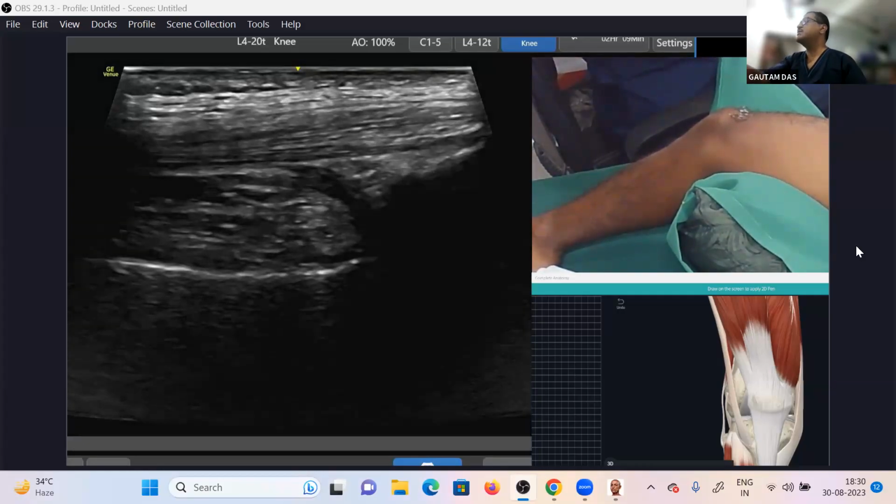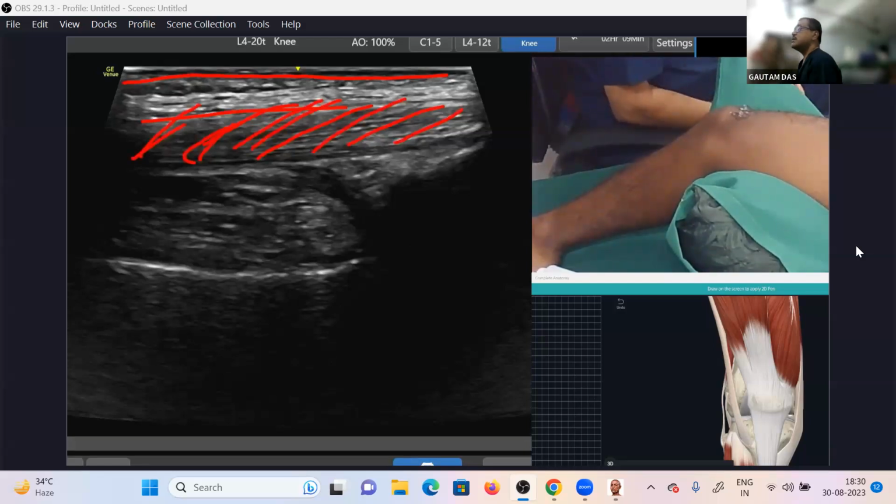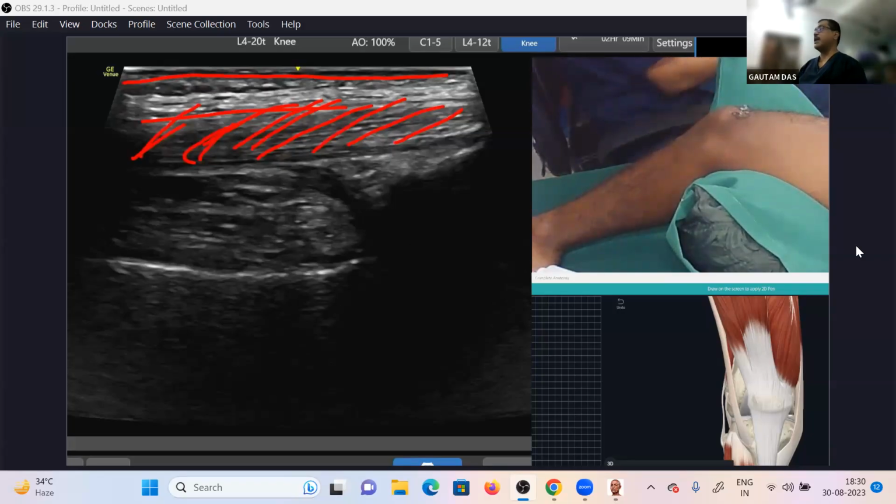So the first layer, after the skin, is the subcutaneous tissue, then your quadriceps tendon. In the quadriceps tendon, the first to become tendinous is your rectus, and the last to become tendinous is your vastus medialis. After that, okay, this is one bone.